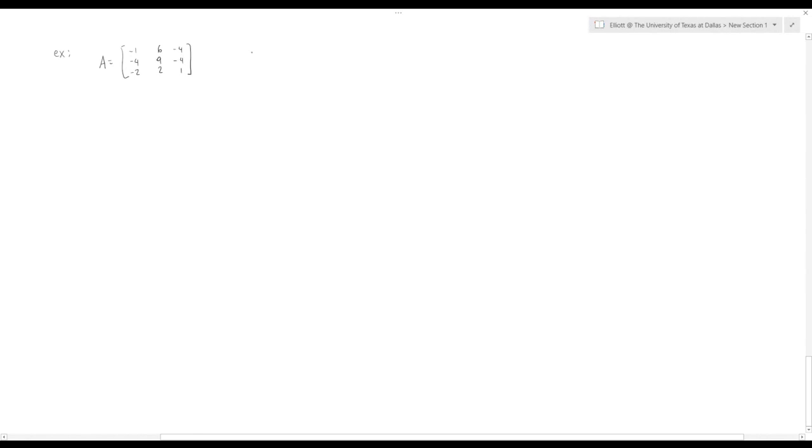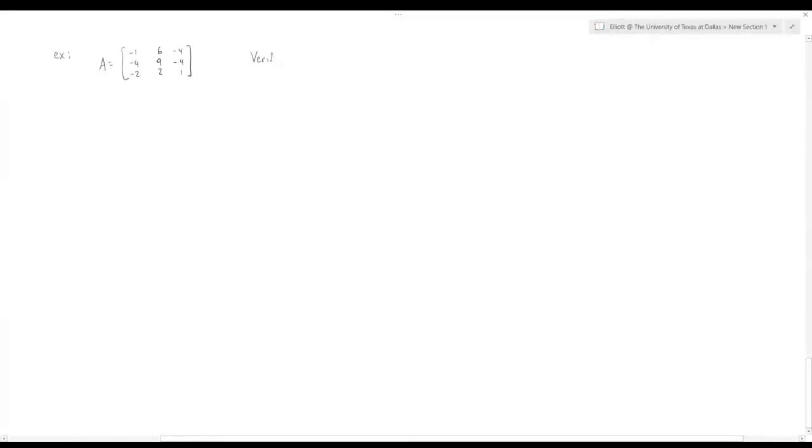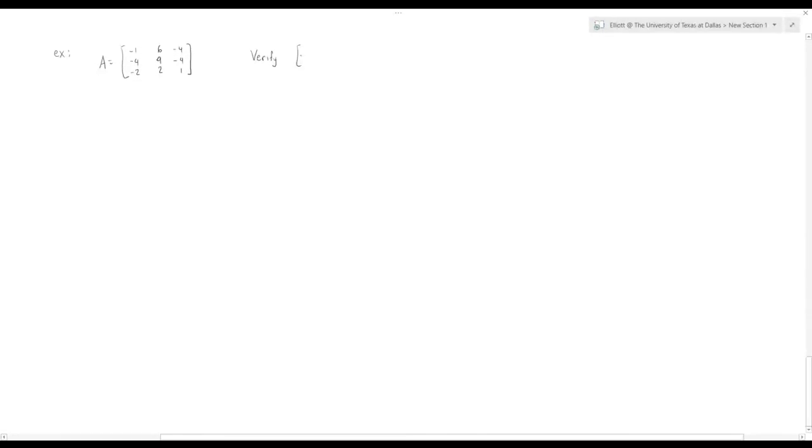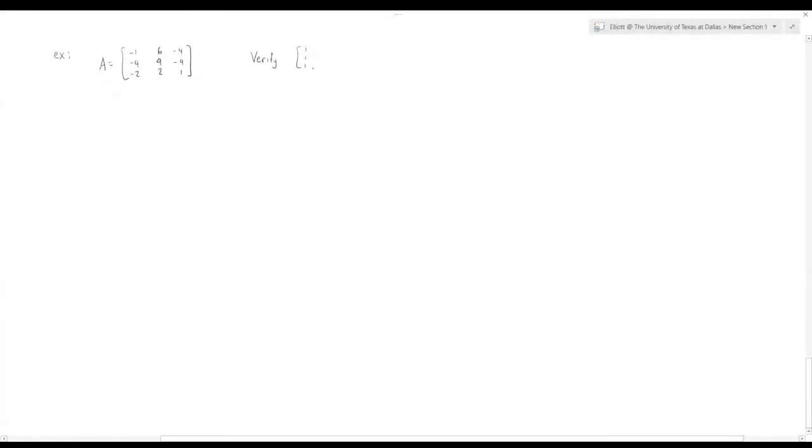There might have been a question on your homework assignment and then another one in your practice problem set that you had in e-learning. But they give you a matrix and they ask you to verify that certain vectors are eigenvectors.